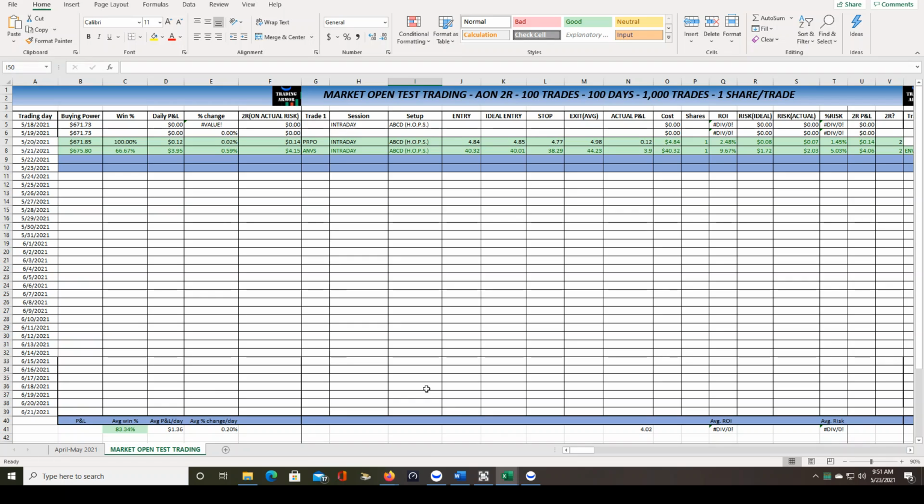There are a lot of other factors involved that you won't even know exist until you start trading with real money. So I strongly recommend just trading with one share until you've at least proven yourself profitable after 100 trades. And if you're brand new, you really need to do even more than that, 100 days or 1,000 trades, and then you are probably going to be profitable in the long run if you have developed a system doing that you can continue to repeat.